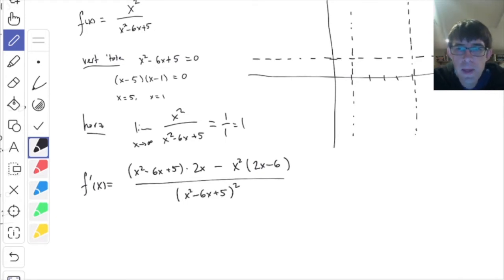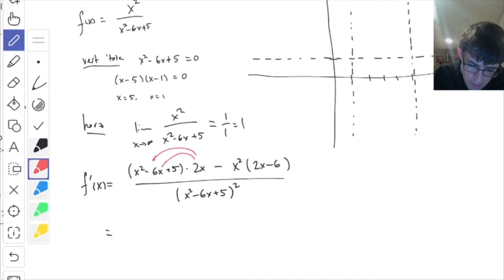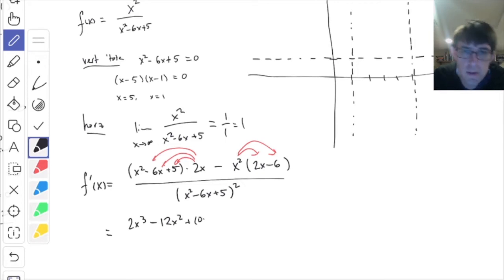All right, and as usual, we need to simplify here because we are going to have to find the critical numbers. It's a good idea to simplify. We got to do a lot of distributing. So first of all, I'm going to distribute this 2x like so on these three parts, right? And then I'm also going to distribute the x squared on those two parts. So anyway, distributing the 2x first gives me 2x cubed minus 12x squared plus 10x, right?